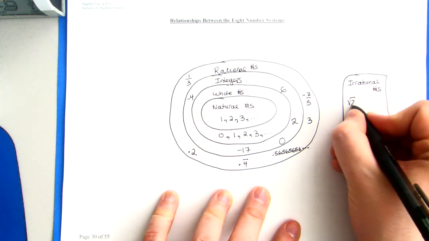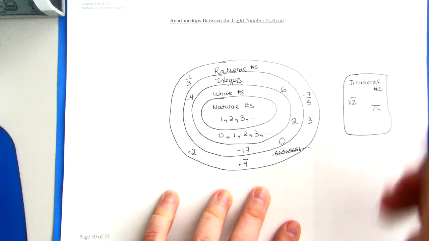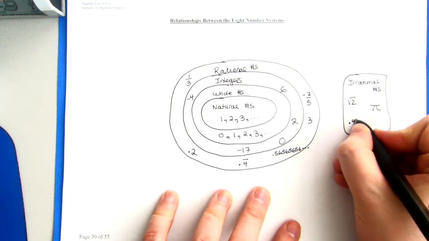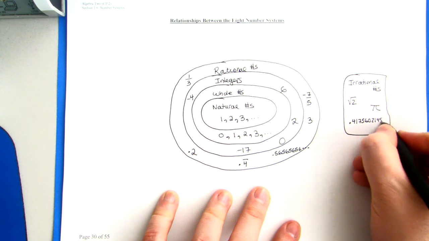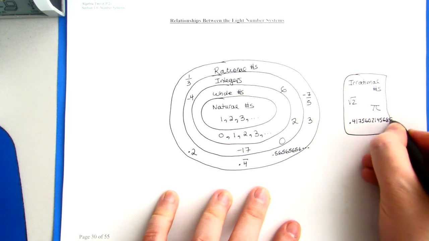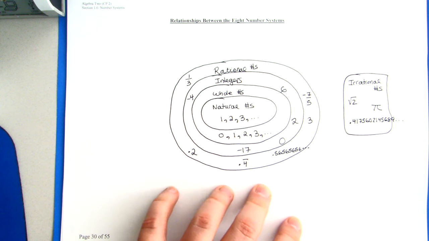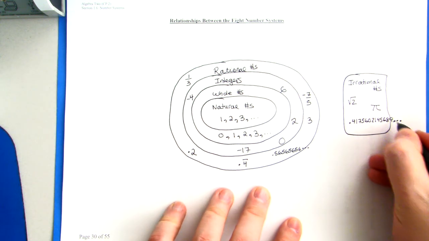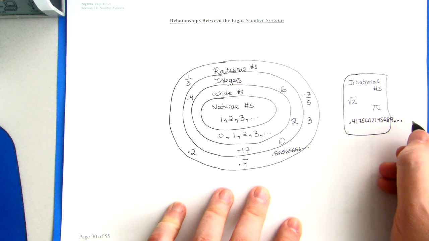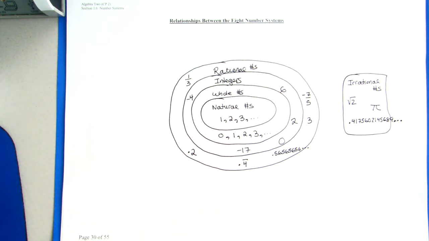Things like square root of 2, pi, 0.4175602145689... Looks like it's going on forever. By the way, to show it's going on forever, you've got to include the ... Goes on forever, but I don't see a pattern there. It's not repeating. Get that added into your diagram, please.